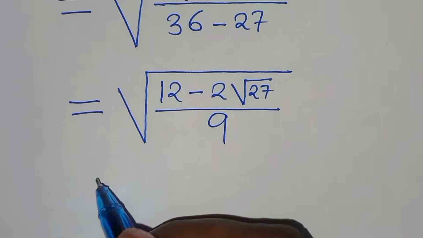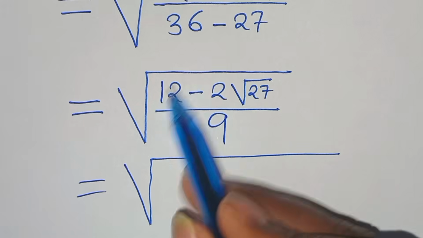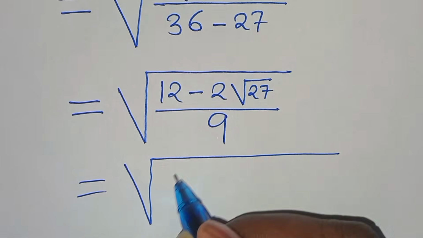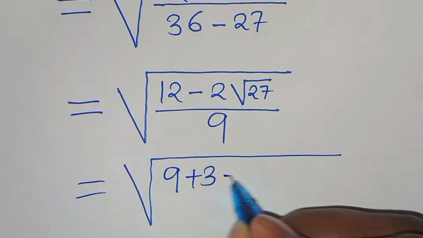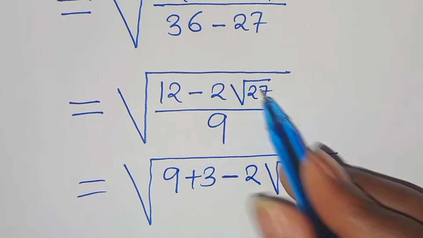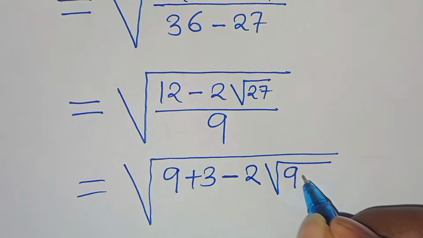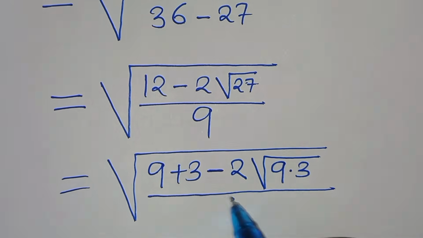Now, the next step here is that we have the square root of, we can express 12 as 9 plus 3. 9 plus 3, this is 12, then minus 2, as well as we can express the square root of 27 as the square root of 9 times 3, then divided by 9.